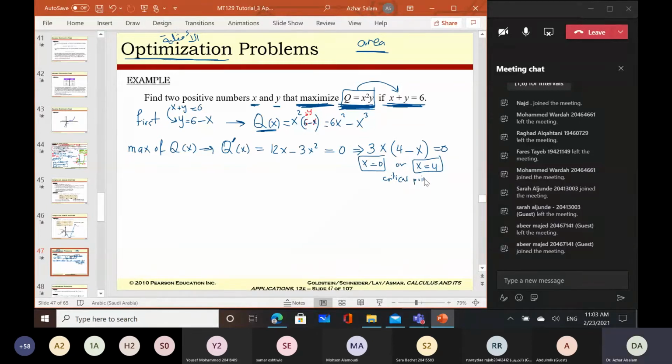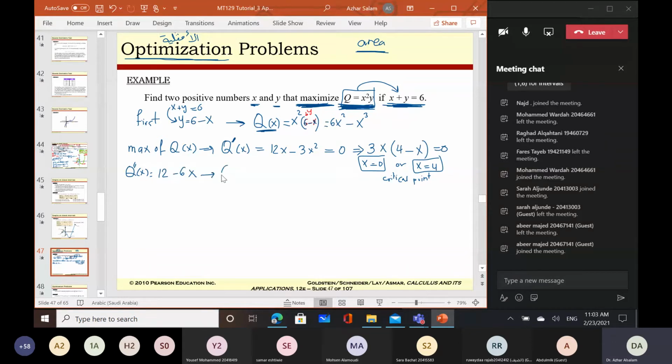I still need to find which one is minimum and which is maximum. The easiest way is to find the second derivative. I will use the second derivative test. Q double dash of x, I differentiate here. It will be 12 minus 6x.